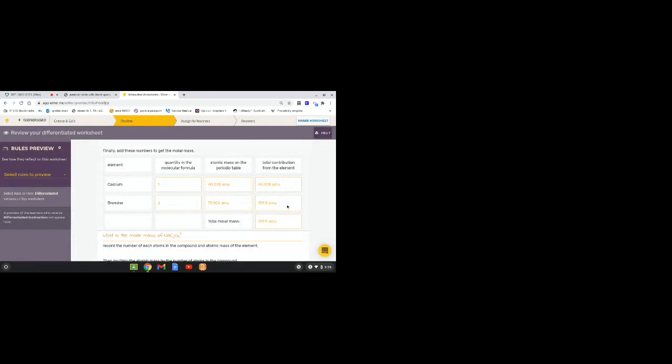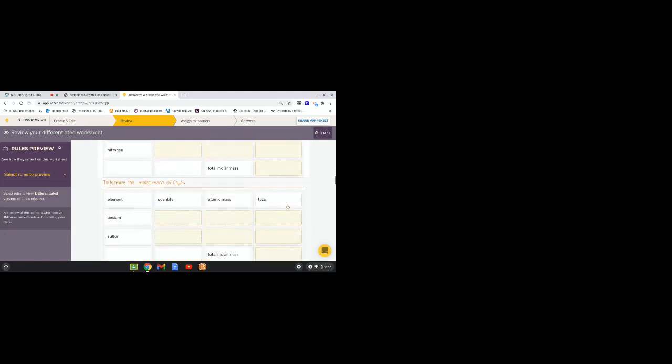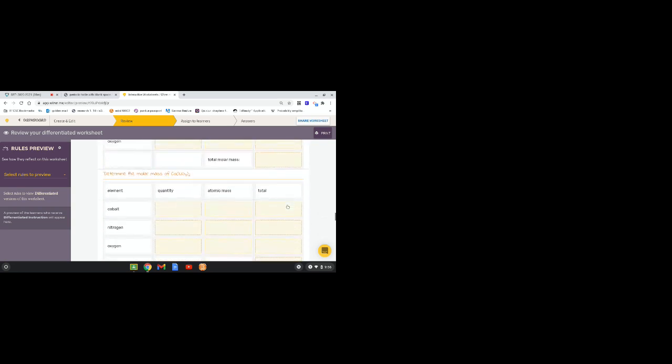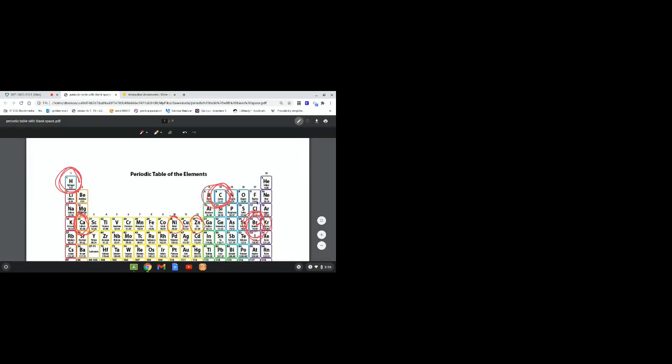I'm going to do one more example that's a little bit more difficult. I'm going to find one with parentheses just to make sure that we know how to do the ones with parentheses. How about this one? Cobalt nitrate, cobalt 2 nitrate. I want to make sure that we know how to do this. So it's Co(NO3)2.